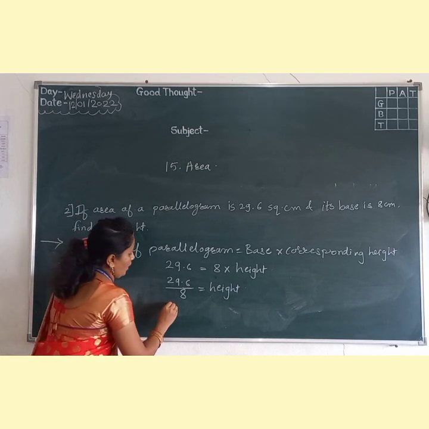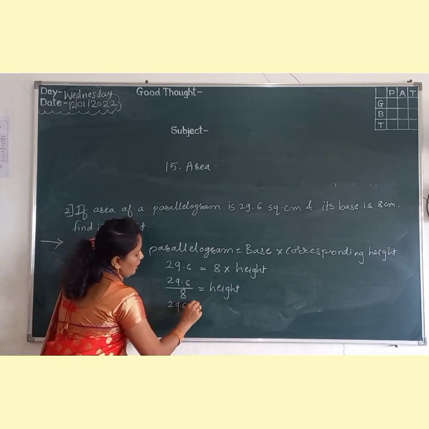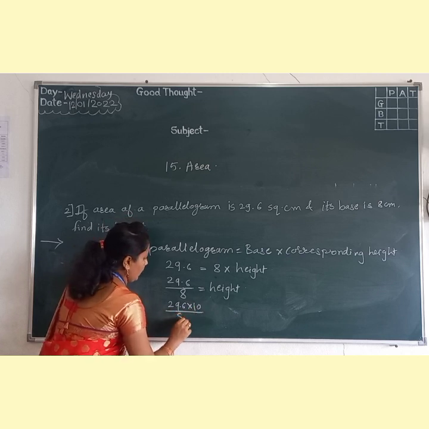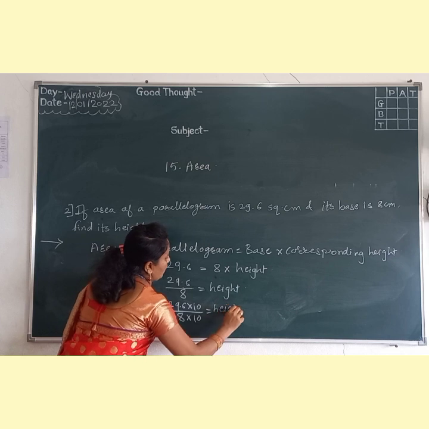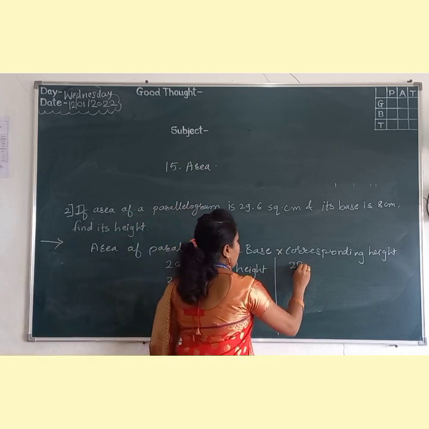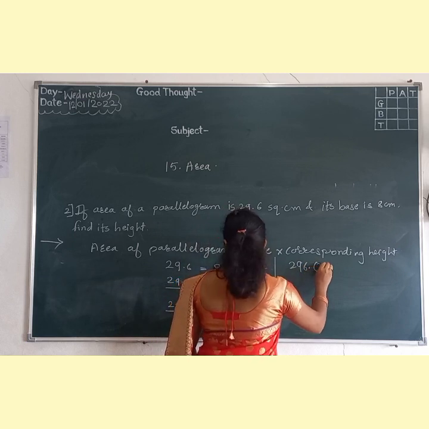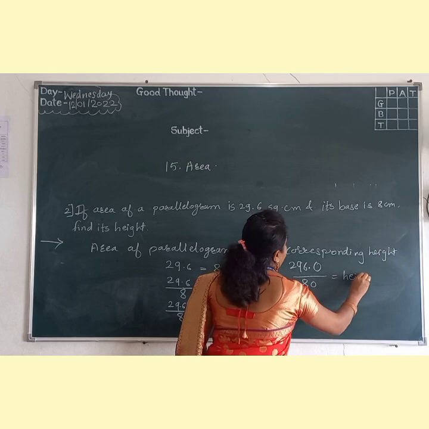I am first removing the decimal point, that is, numerator as well as denominator multiplied by 10. Then the multiplication gives 296.0 and here 80 is equal to height.